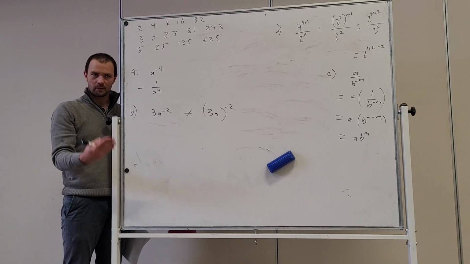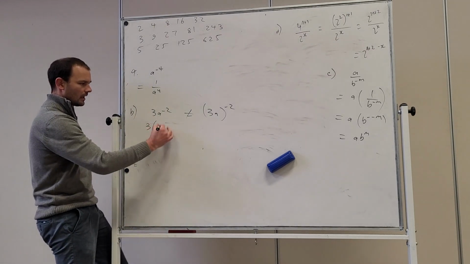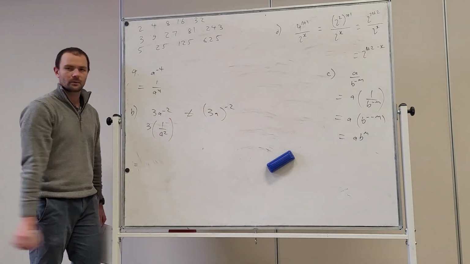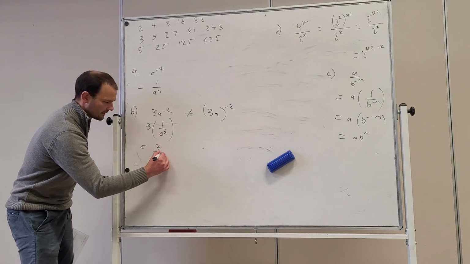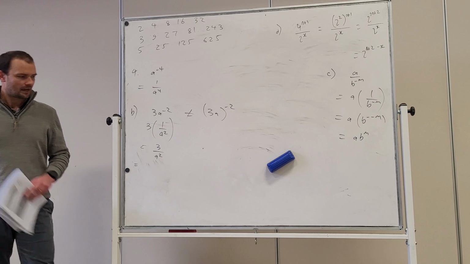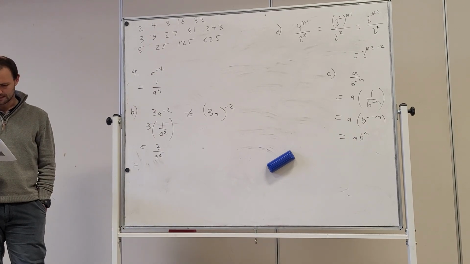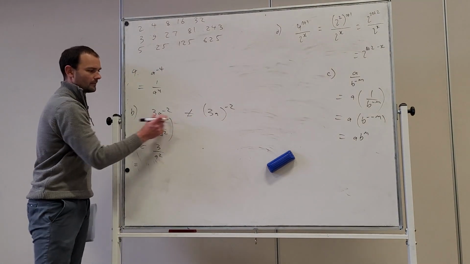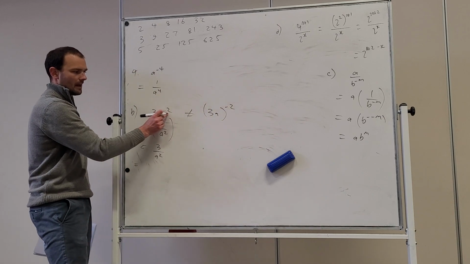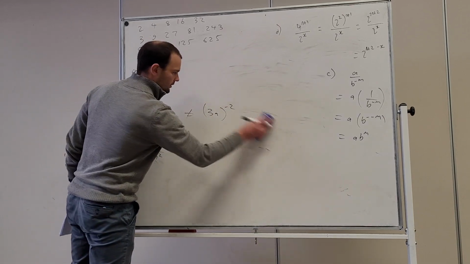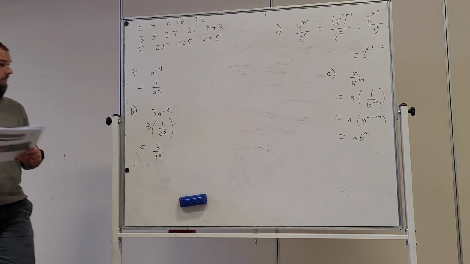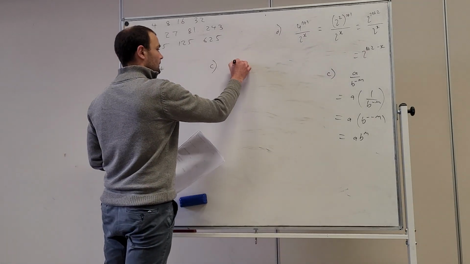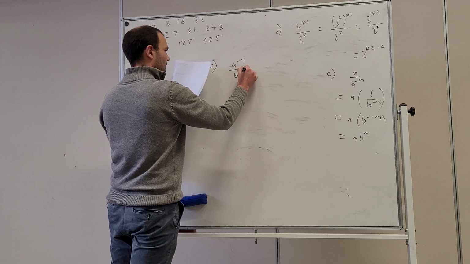So that means the 3 stays at the top, and this becomes 1 on a squared. It goes to the bottom. All right? And we've successfully expressed it without a negative power. So that's the answer to b. I only put that up there to stress that power only belongs to the term it's written above, unless there's brackets around it. And then c, a to the minus 4 on top of b to the minus 3.